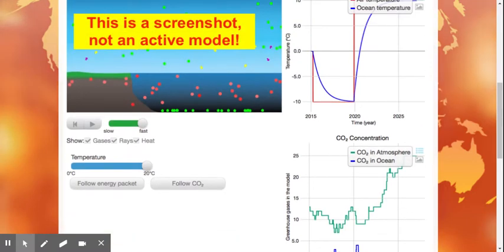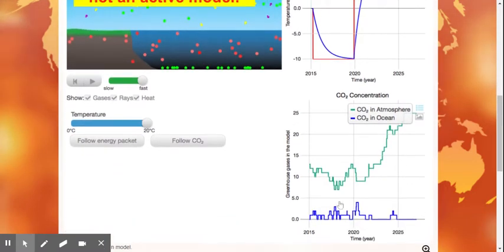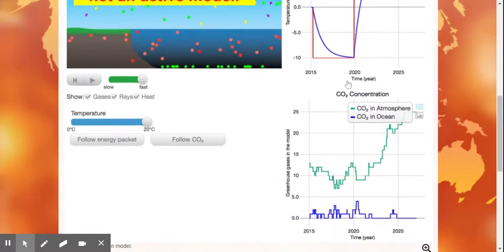You can see how it went up there. I'm sorry, the first one was in the atmosphere. The one at the bottom, the blue, is carbon dioxide in the ocean. In the ocean, there's carbon dioxide, and then all of a sudden it goes away. It goes really low when the temperature goes up. So start taking a look at those relationships.